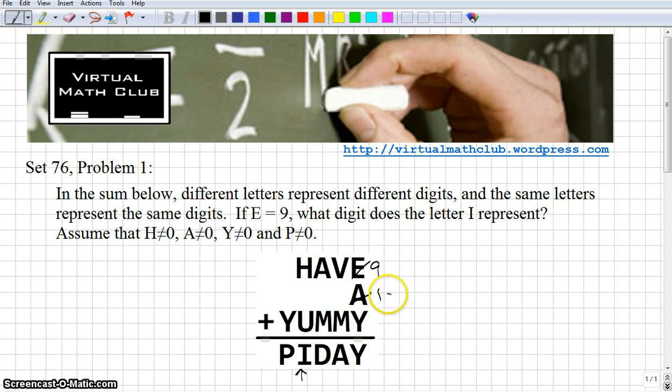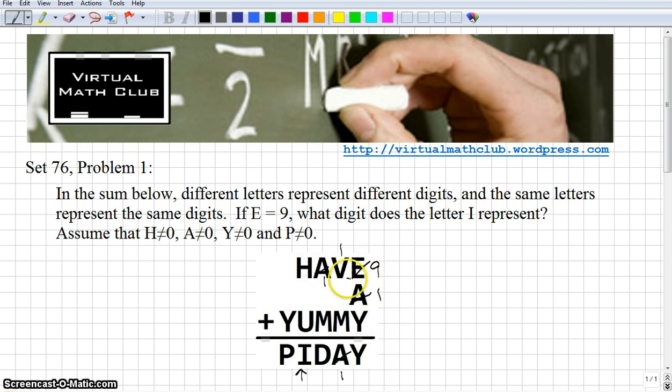The only possibility is E plus A has to be 10, so A has to be 1. That'll give us Y in the units digit, and then we'll carry 1 over to the tens place. So now we know that A is 1.